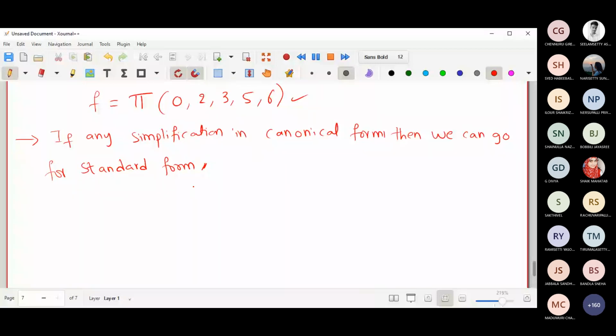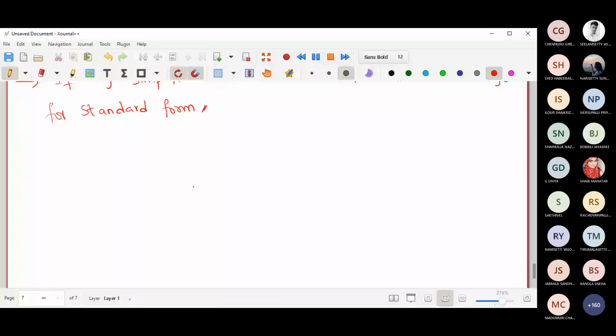Okay, so just for the example, I will write one example here. F1 equal to y bar plus xy plus x bar y bar z bar.